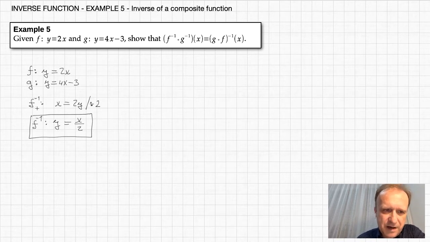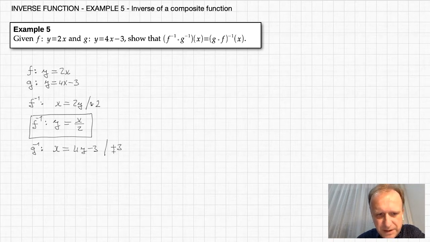Now let's work out the formula for the inverse of g. So for the inverse of g, again, I interchange the variables x and y. So I get x equals 4y minus 3 and try to express y from this equation.